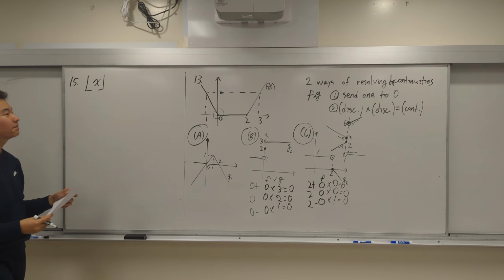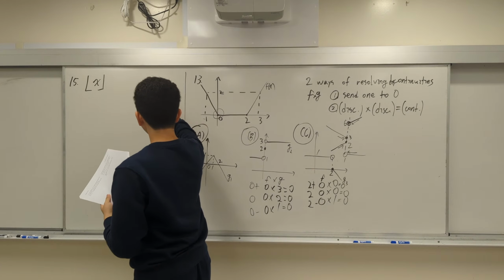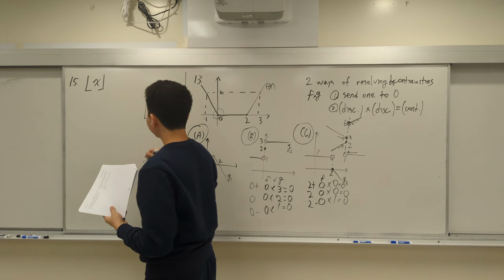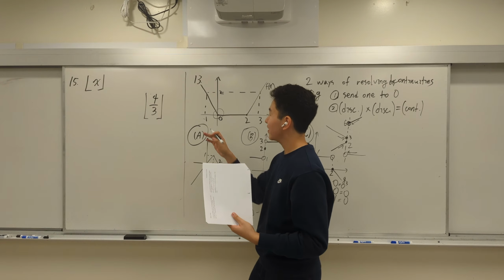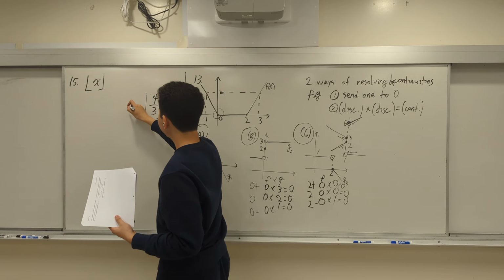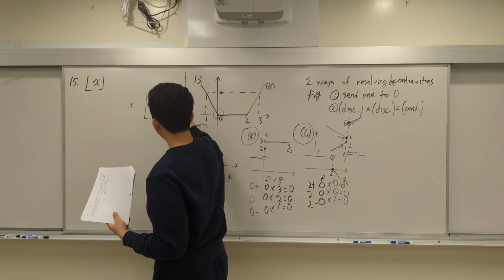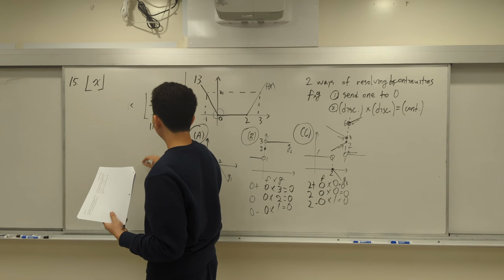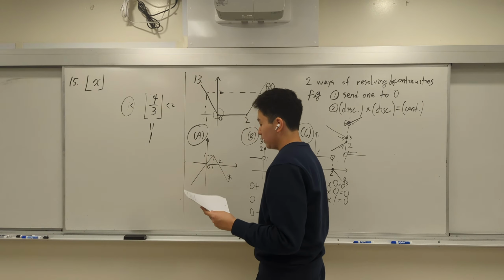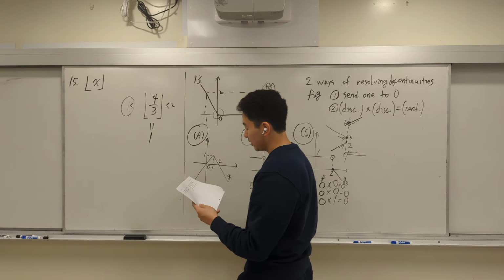So what does this mean? If I have a number like 4 over 3, then the floor of 4 over 3 is going to be the maximum integer that does not exceed this number. This is between 1 and 2, right? So the floor of 4 over 3 would be 1. It would be the one that is less than it.